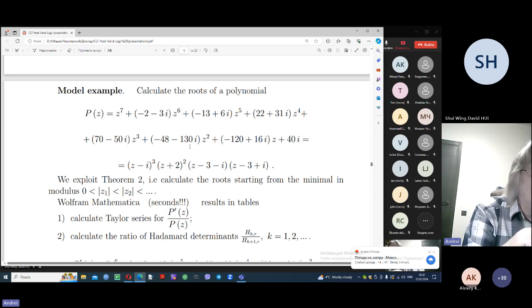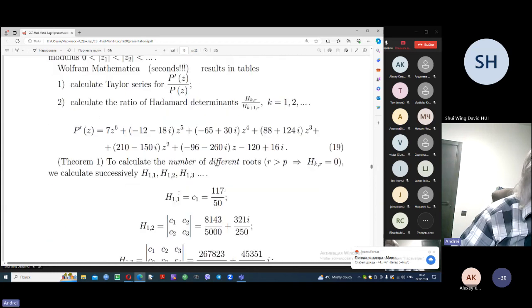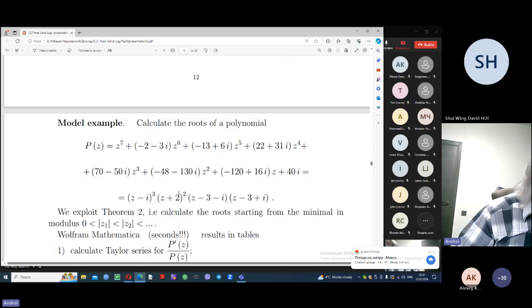Everything Maple does. This is simply an example of how it works, and all the tables and the corresponding calculation are made by Maple. It takes, in fact, seconds.